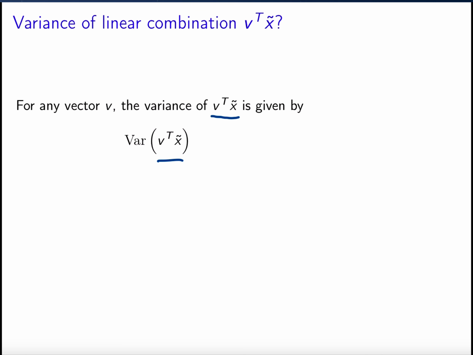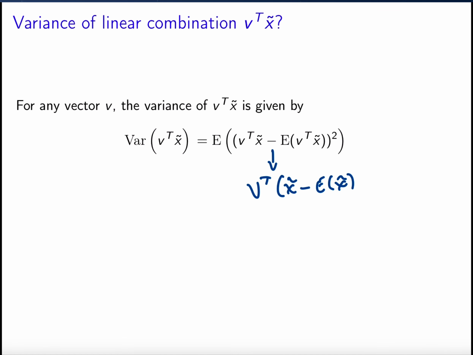Well, by definition of variance, it's equal to the expected value of the squared difference between the linear combination and its mean. Here, we can apply linearity of expectation to say that this is exactly the same as v transpose times x minus E of x.